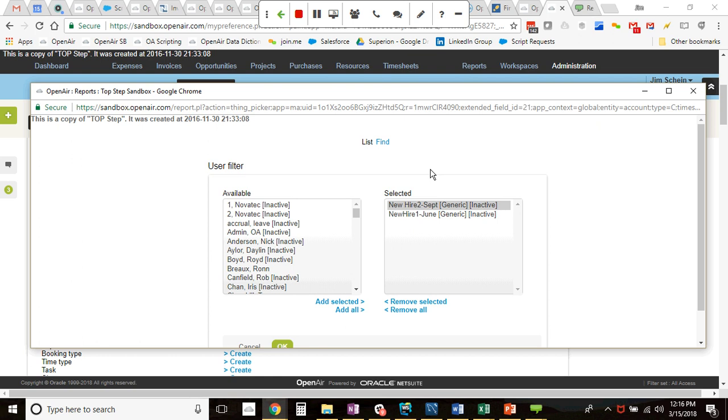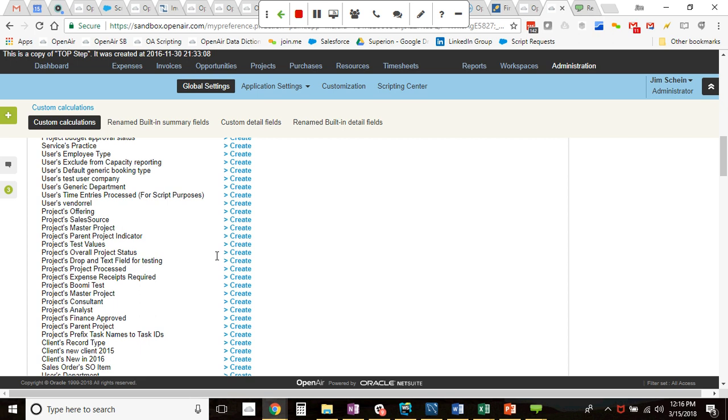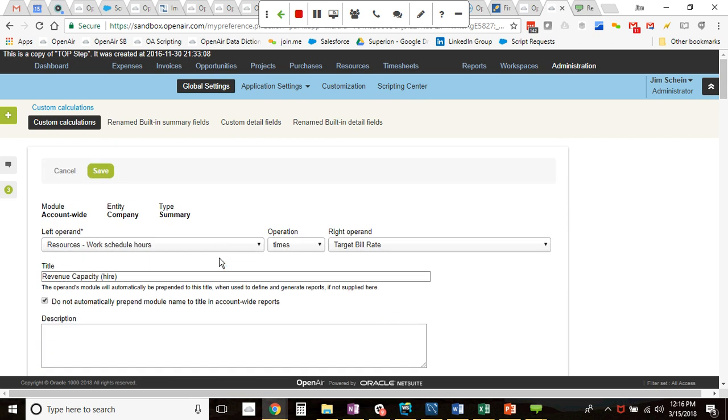And we've put in work schedules for them to show when we expect that they will start. So we had one with a work schedule starting in September, one in June, and we filtered on just those two people. And now the report will show what we expect for revenue from those two based on when we have them starting. That's the reason we use work schedule hours instead of base work schedule hours.